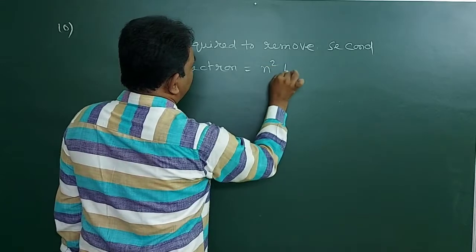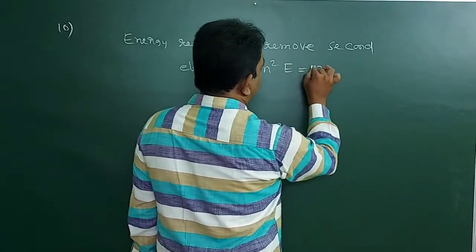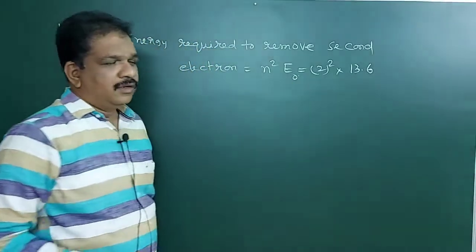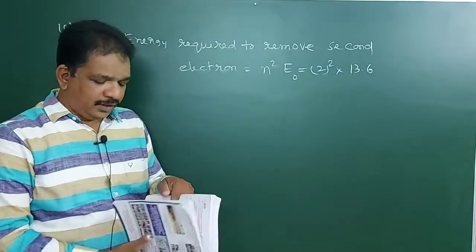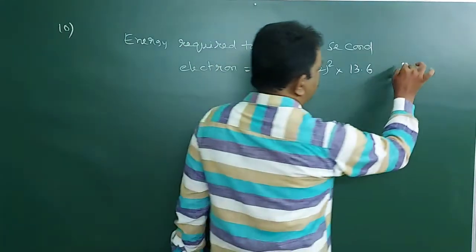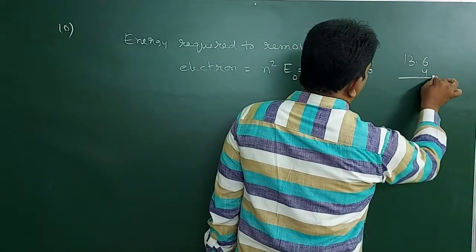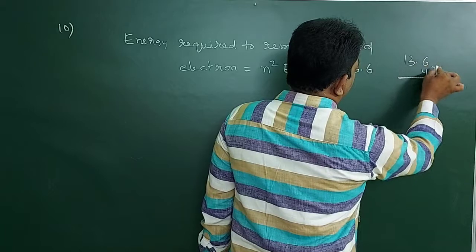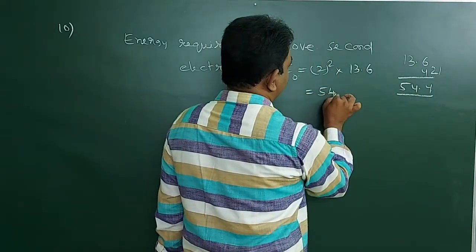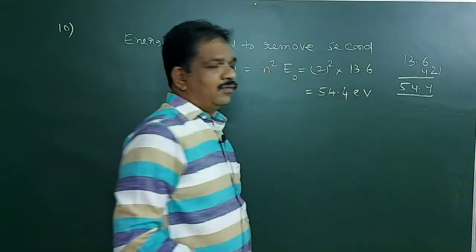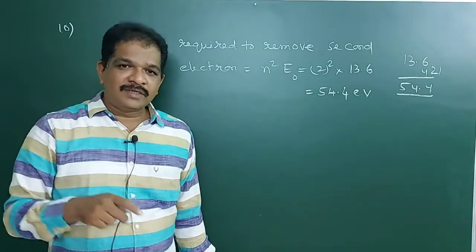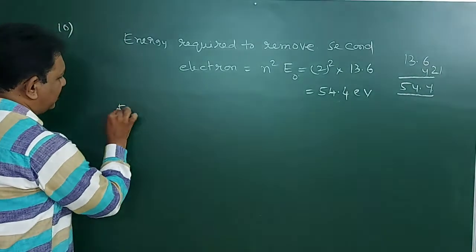is equal to n² into E, n² into 13.6. So this value, 4 into 13.6, if we calculate, 13.6 into 4 means 4 6s are 24, 12 to 14, this is 54.4 electron volt. Now what the question is, to remove both the electrons, how much energy is required?